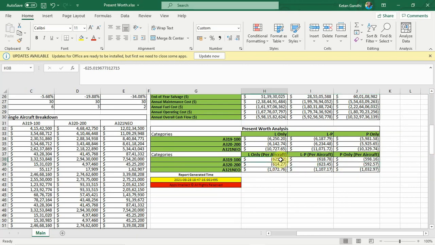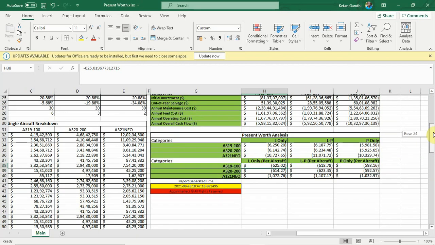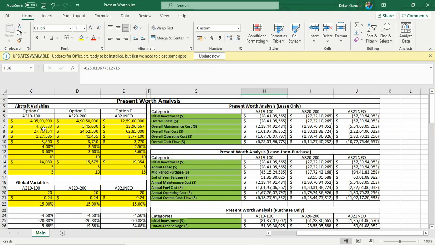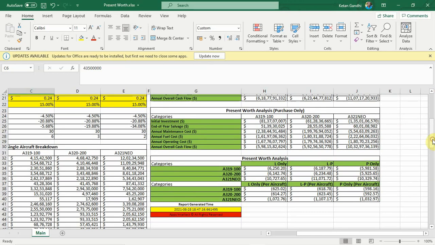And the same with the 319 aircraft, we've got lease only. The new aircraft cost was 43,500,000, so its present worth is this much.